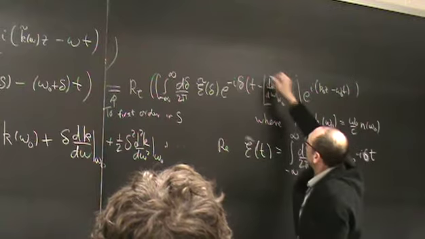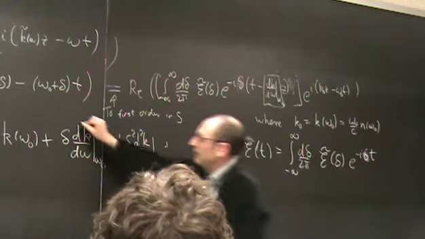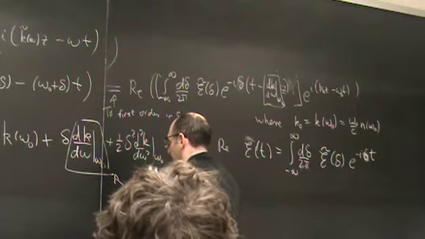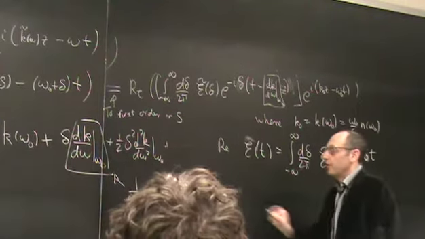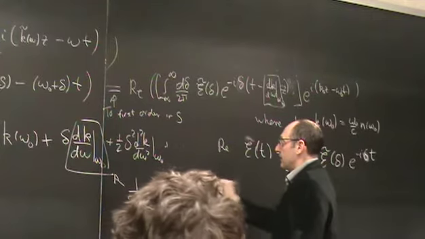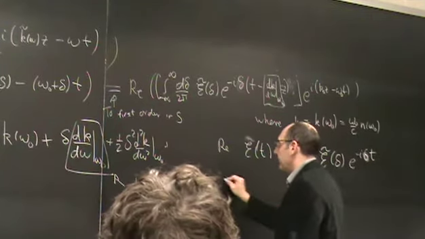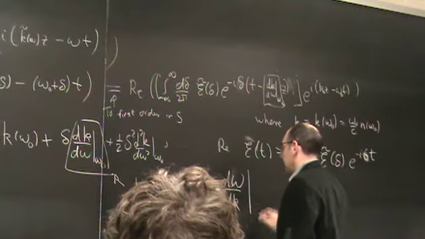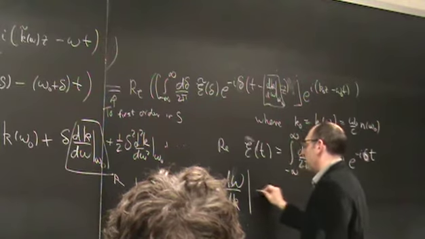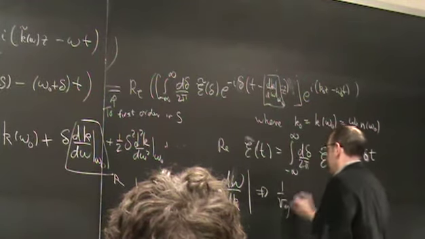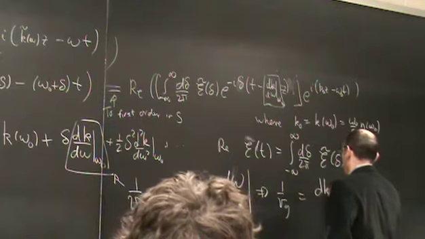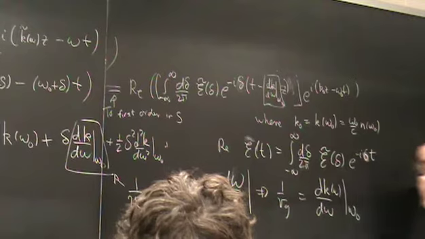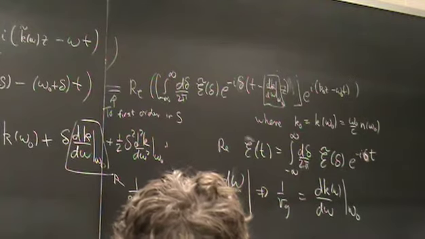And this is 1 over the group velocity. The group velocity of the pulse is defined as the derivative of omega with respect to k. So 1 over the group velocity is dk of omega with respect to omega at omega naught. That's the group velocity at the carrier frequency.